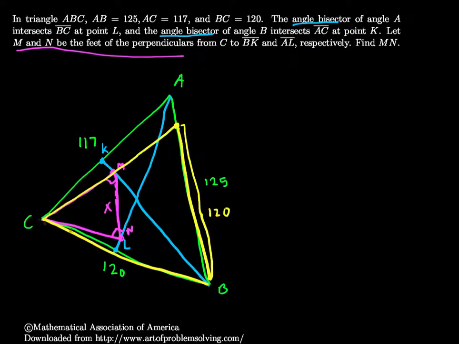If I extend CN out to AB here, I'm going to draw another isosceles triangle in red, and that means that this right here is 117.